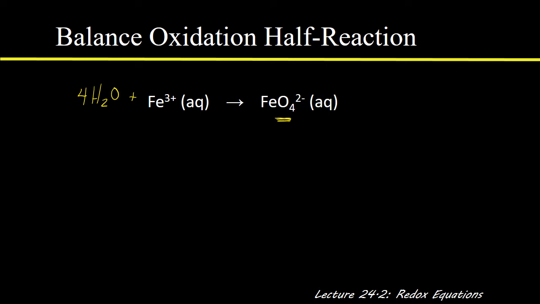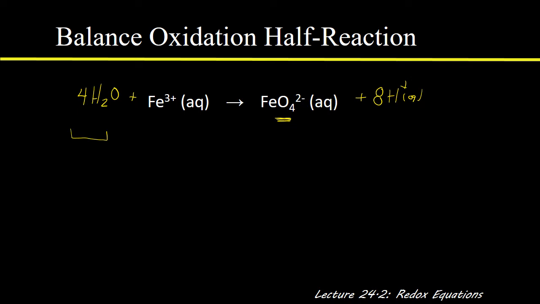Let's just keep that in mind and see what happens when we get to the end. All right, we've balanced oxygen. Now we have to balance the hydrogens. We've got 8 hydrogens over here. So we balance by adding 8 hydrogens over here.